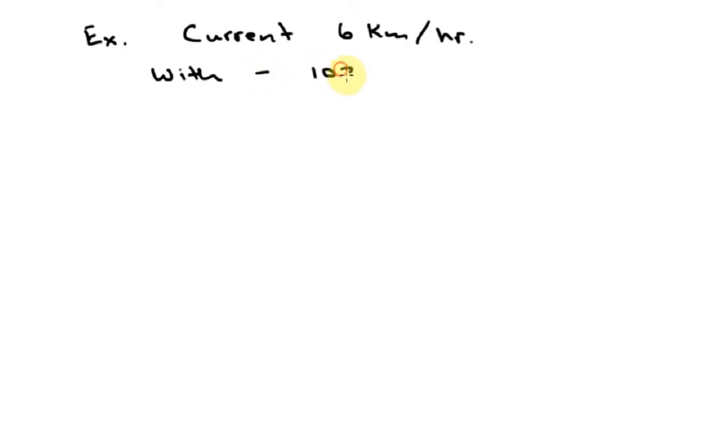Okay, so we're sailing on a river, and so here's our question. The current in this particular river is 6 kilometers per hour. And then we're going to be traveling with the current, so when we go with the current, we went a total of 102 kilometers.